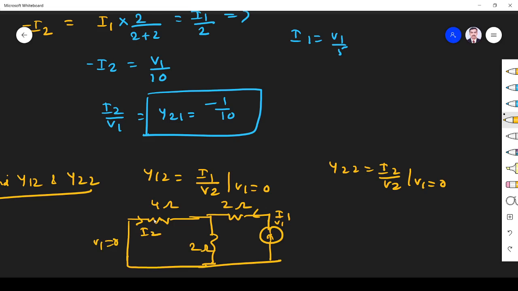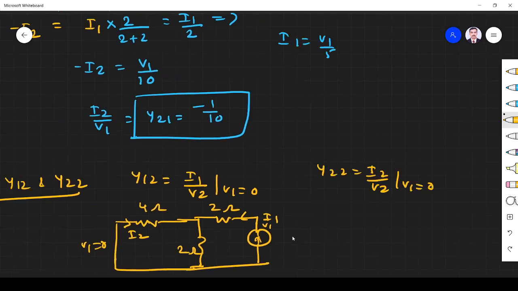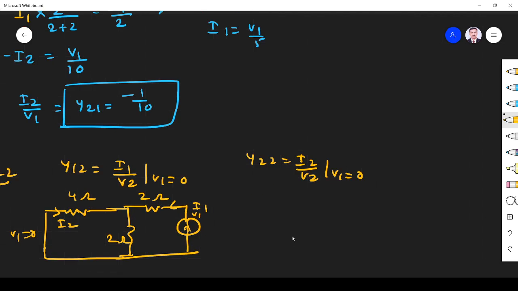Now let us first find I2. I2 is the total voltage V2 divided by R, since I is equal to V by R. R is this 2 ohm in series with 4 and 2 in parallel.